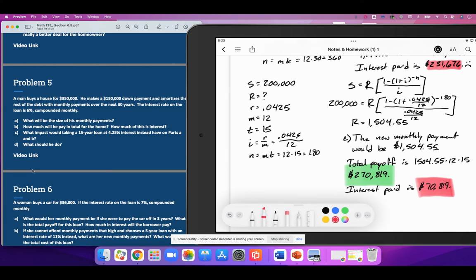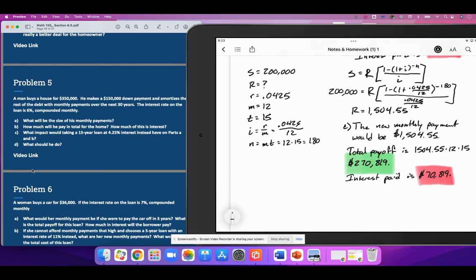My advice, and so for Part D, we're asked to advise this person. My advice would be to do whatever it takes to get the 15-year loan.